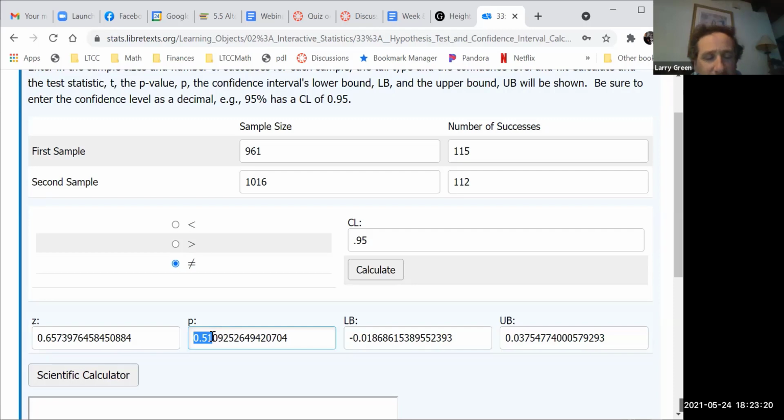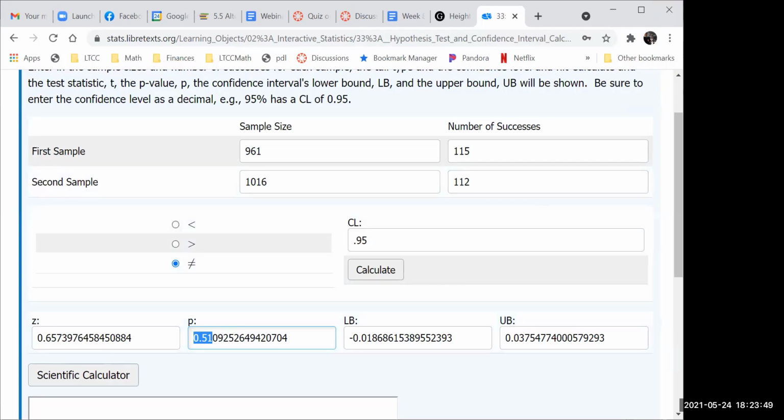What do you think this tells us if our p-value is around 0.51? What does that tell us? Hopefully, it's the same as last week. Nothing's changed. With a p-value of 0.51, doesn't that mean that our results are invalidated?